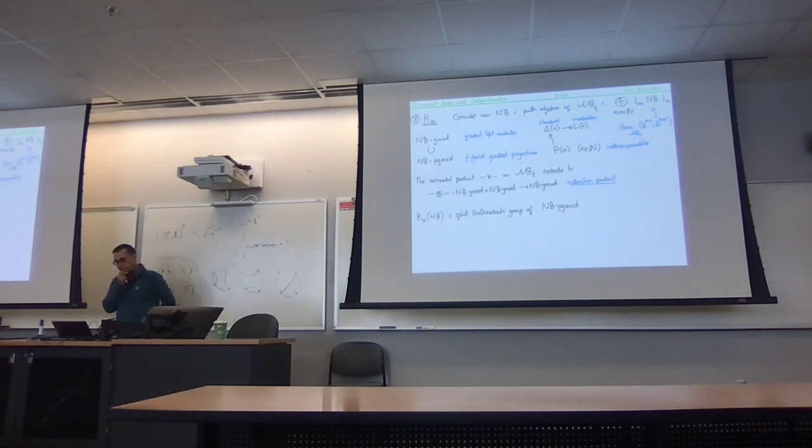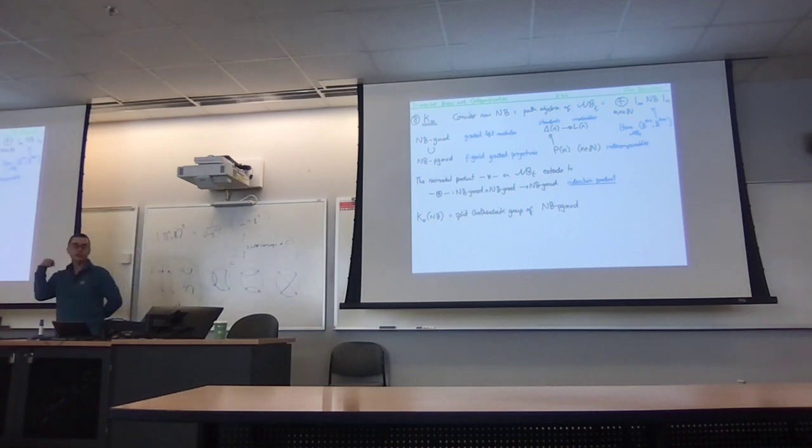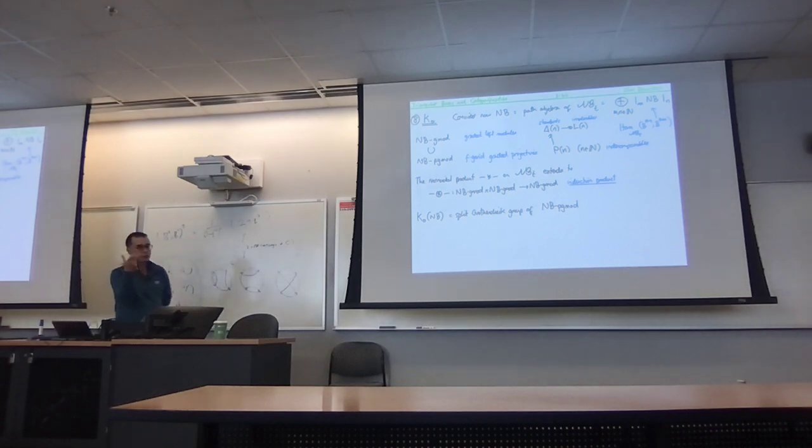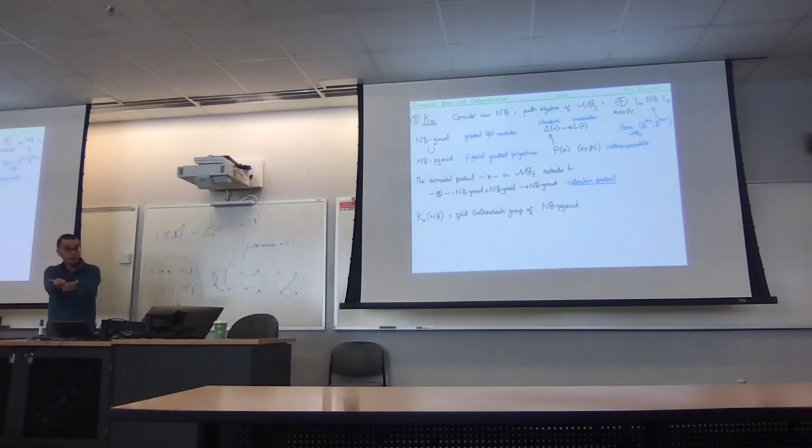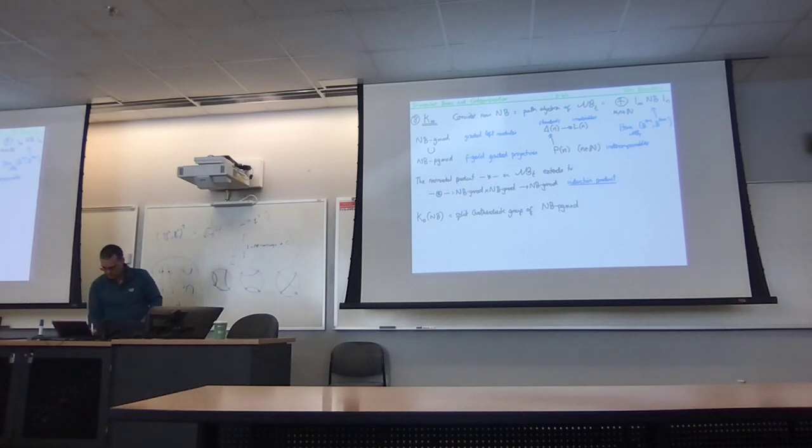Another thing is because the nil-Brauer category is monoidal, you've got this monoidal product, which I use star for. By going to the path algebra, I've forgotten the monoidal structure, but you get it back again when you realize that it induces a monoidal product on the module category. I put a little circle around that. That's the thing I call the induction product.